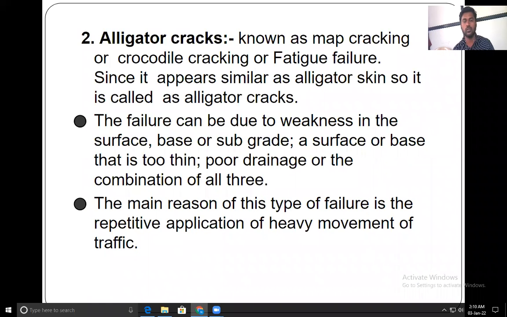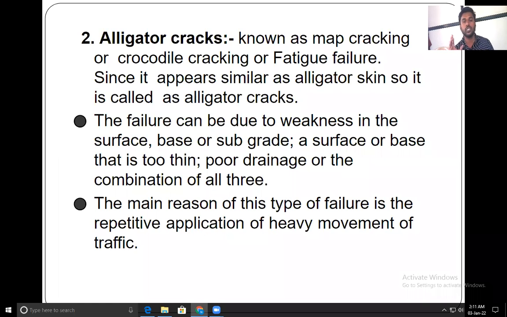First we have seen the pothole, what the causes of pothole are, and how the maintenance of the pothole is conducted. First we need to clear the area and take out the loose material.